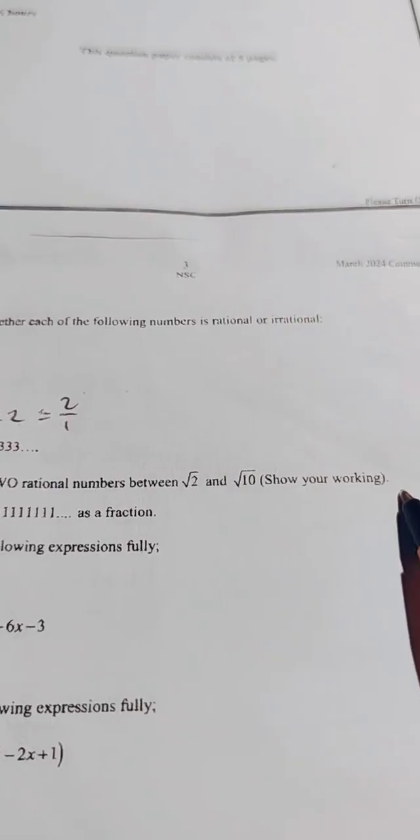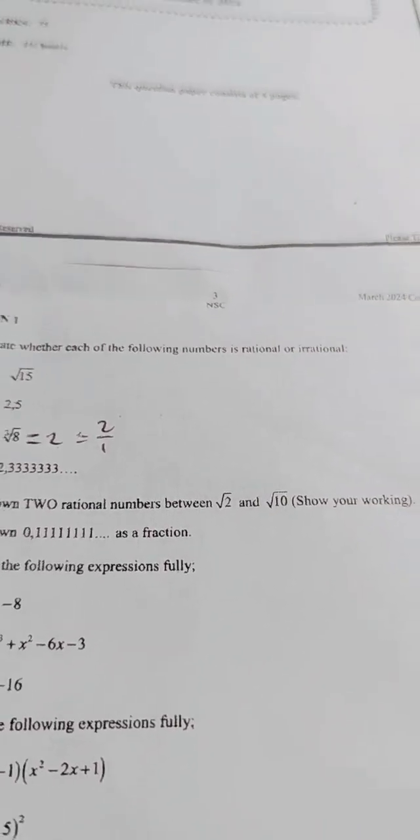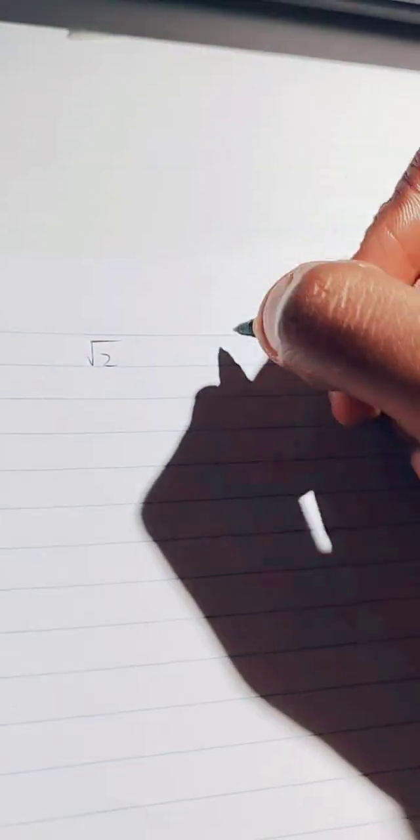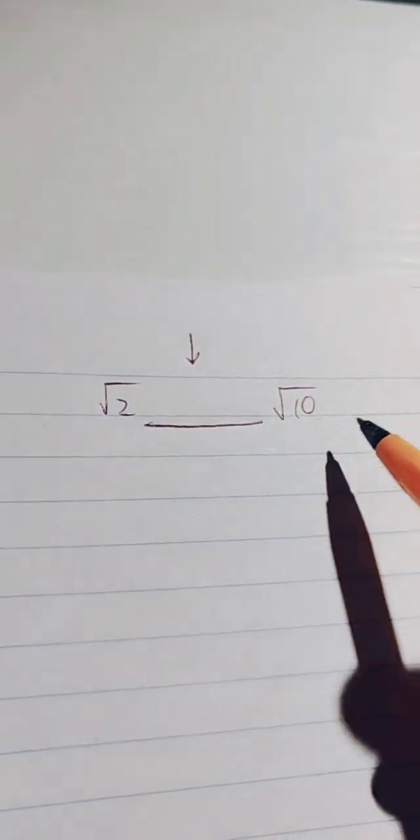And they're saying show your working. If you think about it practically, this is the square root of 2 and that is the square root of 10. You need the 2 numbers that are in between.